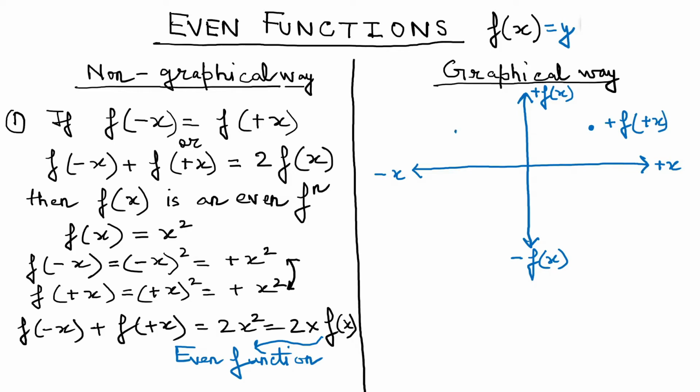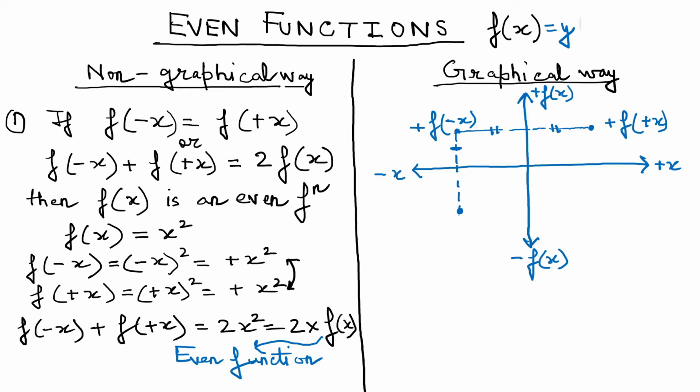And if I take the same point equidistant, so when I say equidistant, what I'm trying to say is this length is equal to this length, the length of this point from the y-axis, which is f of x. So in that case, we'll be able to say this is plus of f of minus x. If I take this point equidistant from the x-axis, let me say now the point is this, and I have taken this as equidistant.